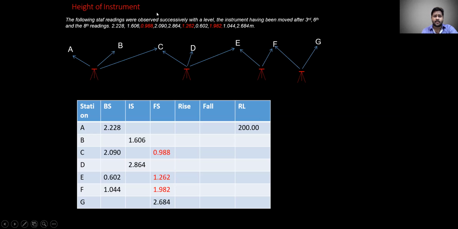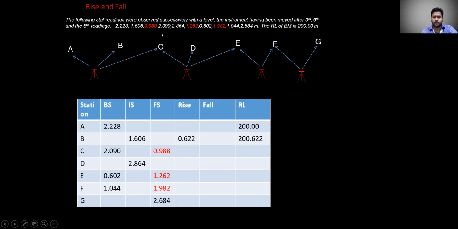The values are 2.228, 1.606, 0.988, 2.090, 2.864, 1.262, 0.62, 1.982. Similarly, they have given the values. The RL of the benchmark is 200, and whatever data has been collected is with reference to the benchmark of 200 meters.